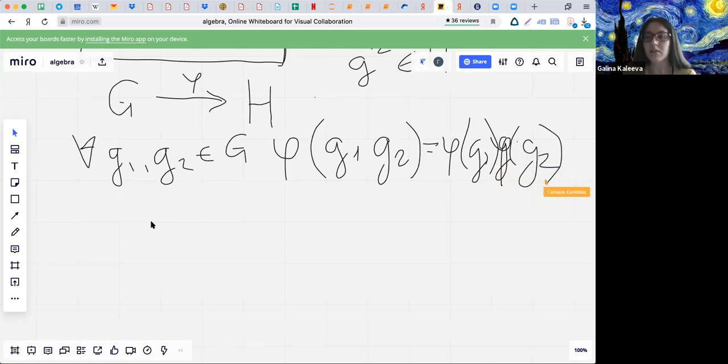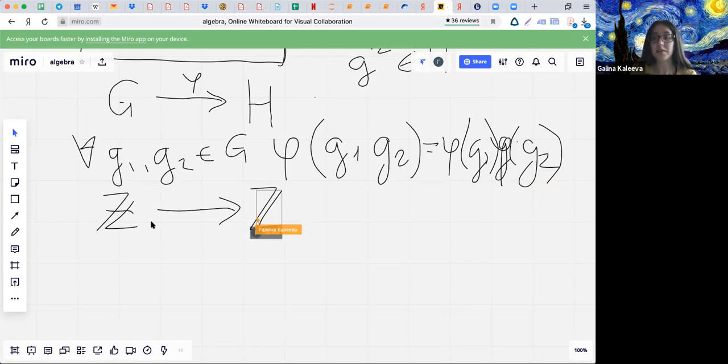How can we find some homomorphisms from, for example, the group of integer numbers with addition to the group of all remainders modulo 6 with addition? How can we build all of the homomorphisms?